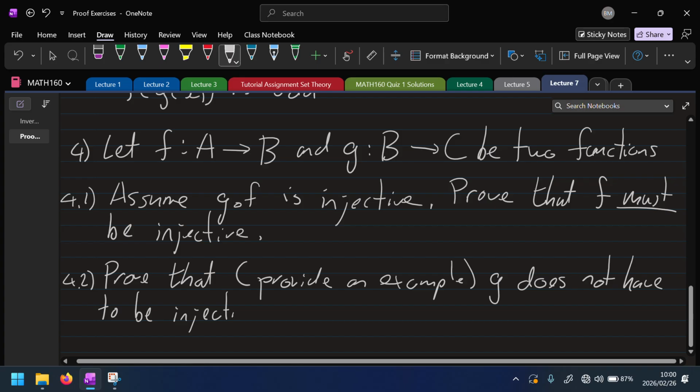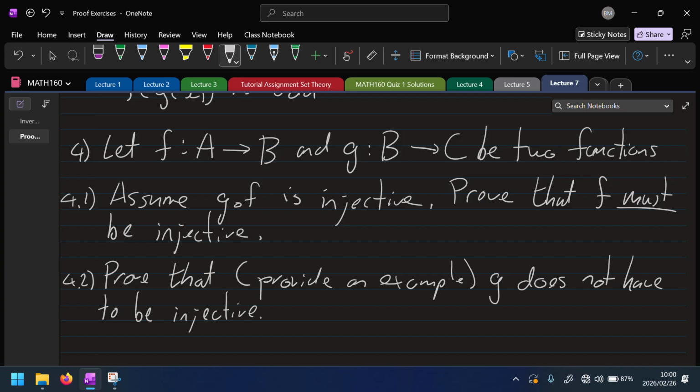Okay. So if the composition is injective, you don't need both of them to be injective, just the first one. But in the previous one, if you do have both of them being injective, then the composition is injective.